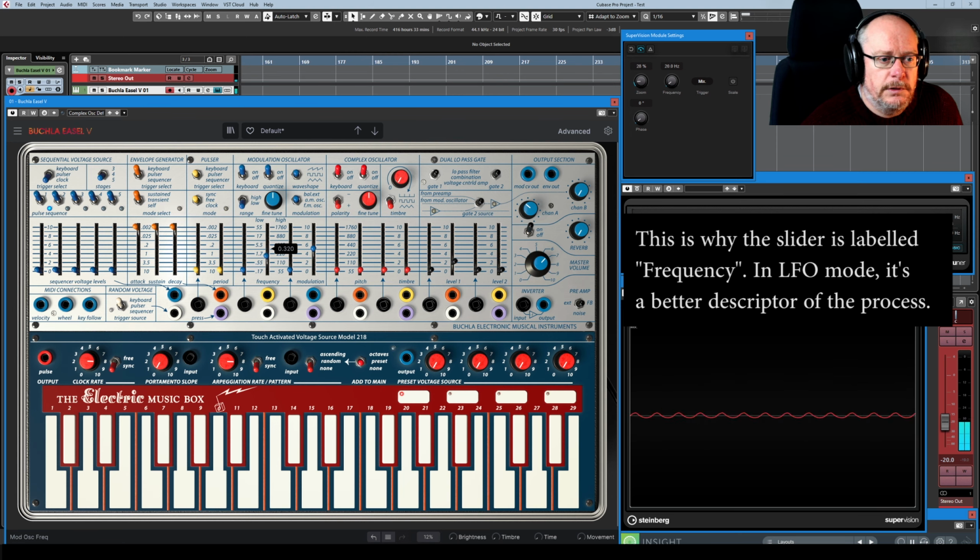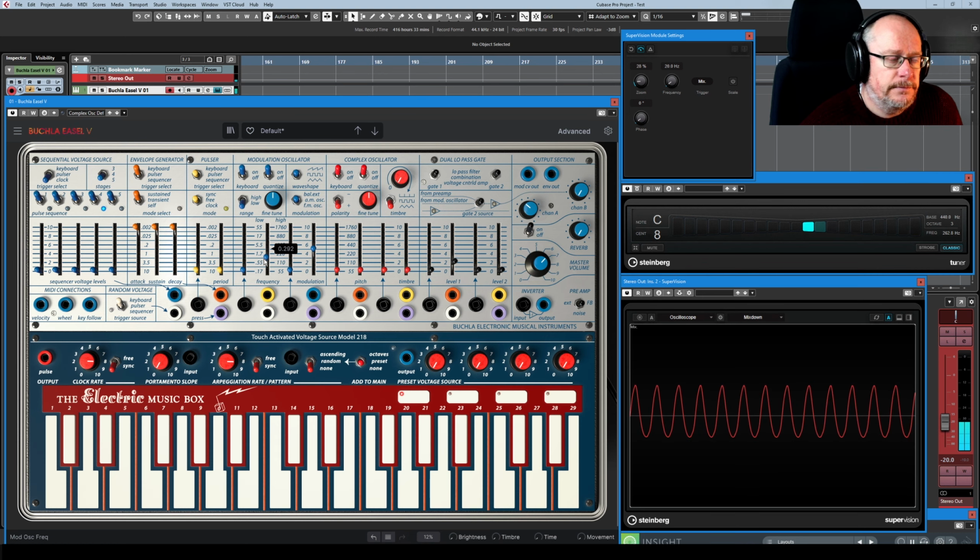Okay, so there's amplitude modulation at LFO rate. Bring the modulation slider back down and the effect disappears.